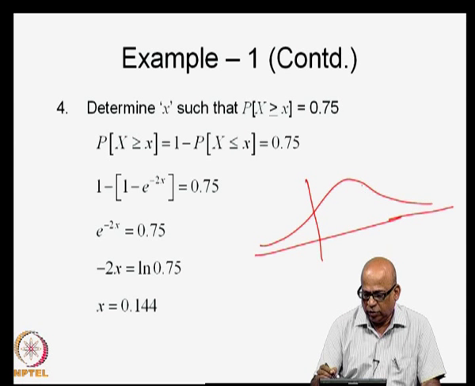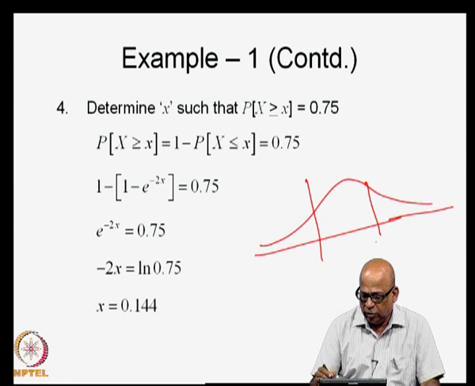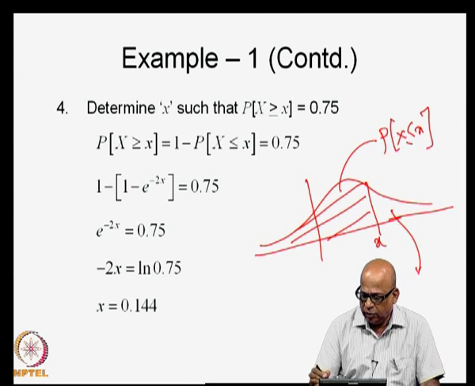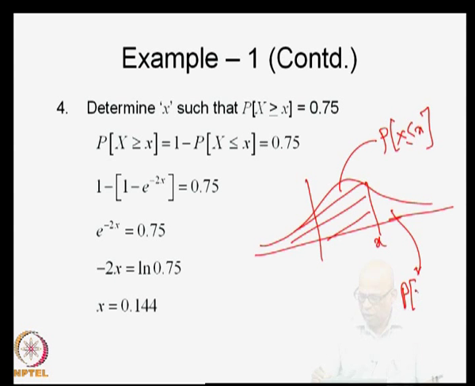For this, you just refer to the stochastic hydrology course. I will quickly explain this. Let us say that this is a particular value of x. What does this area give? This area gives the probability of X being less than or equal to x. And what is this area? This area gives the probability of X being greater than or equal to x.